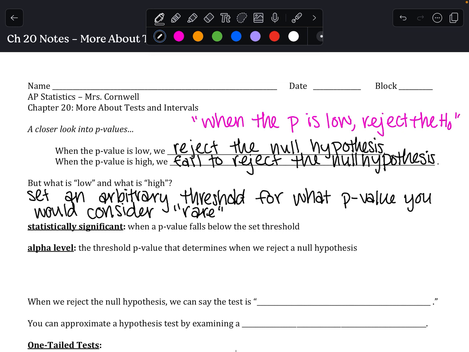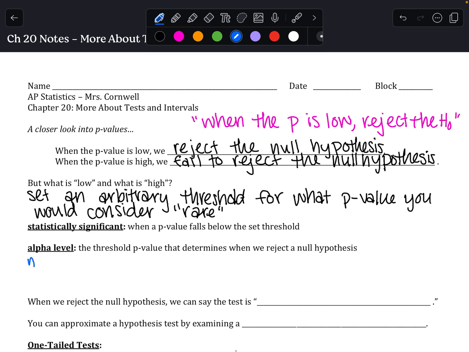When a p-value falls below that threshold, we say that the results are statistically significant. You've heard that phrase before, right? And you were always looking for a small probability of that happening. But now we're going to actually call it something and have a number to compare to. And that is called the alpha level, okay?